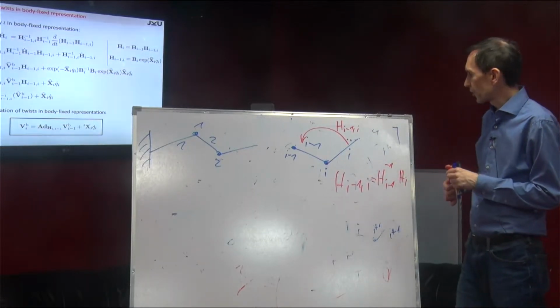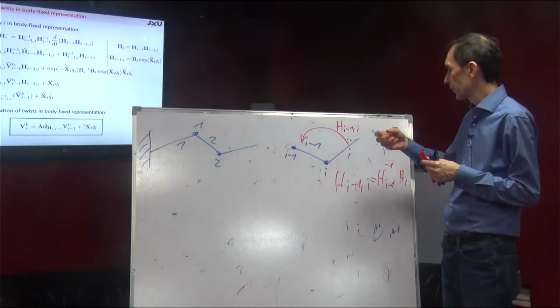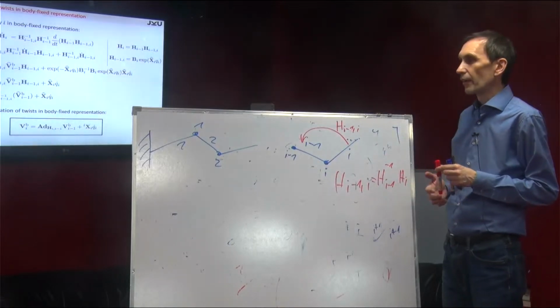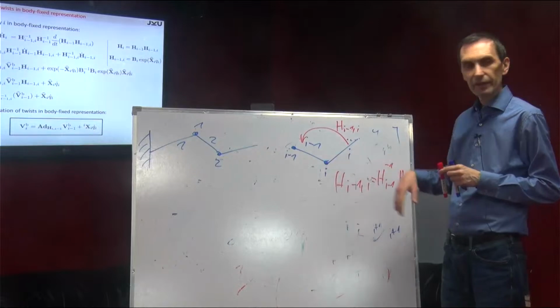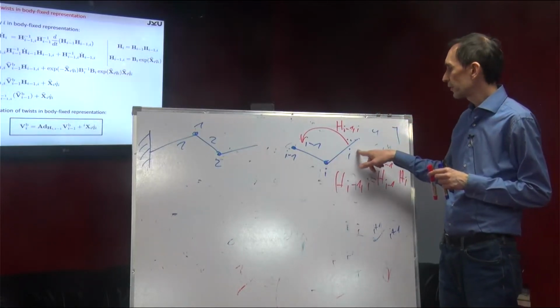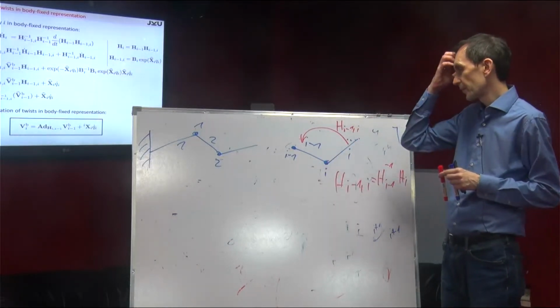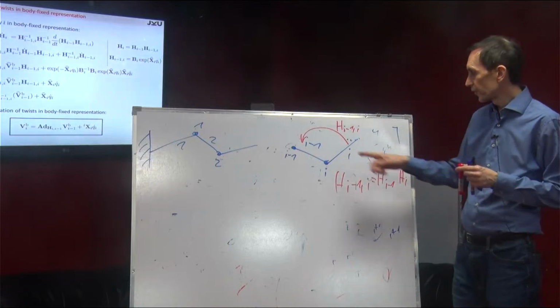And this is the frame transformation. This is like the relative pose. We have the rotation and the translation between the bodies. If I have twists of I minus 1 and I, V I and V I minus 1, then I get V I minus 1 from V I via the adjoint transformation, right?